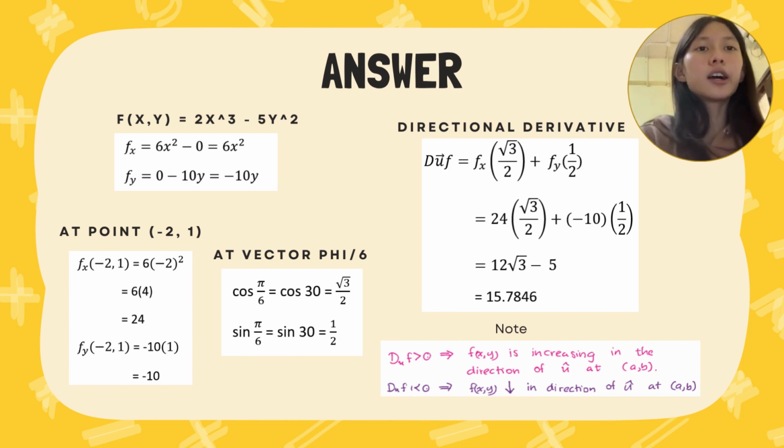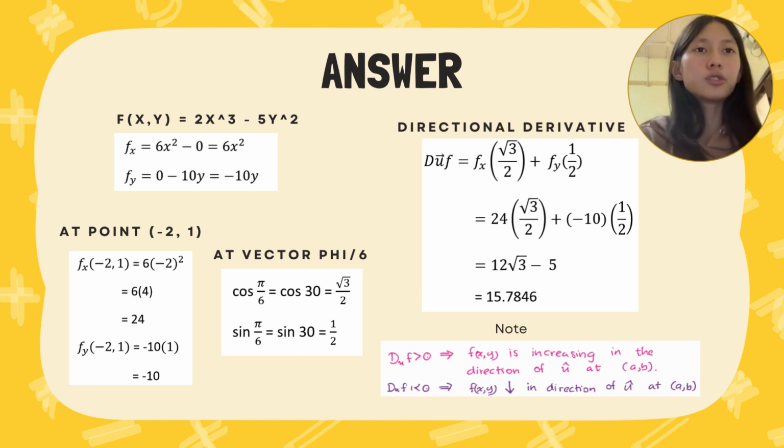And then since we are not given a vector but we are given the angle π/6, which is 30 degrees, we need to find a vector point for a and b. For a, we need cos θ, which is cos 30° equal to √3/2. And for b, sin θ, which is sin 30° equal to 1/2.